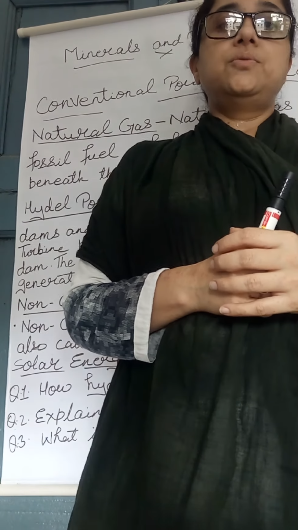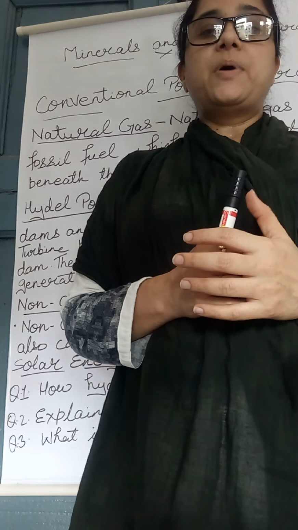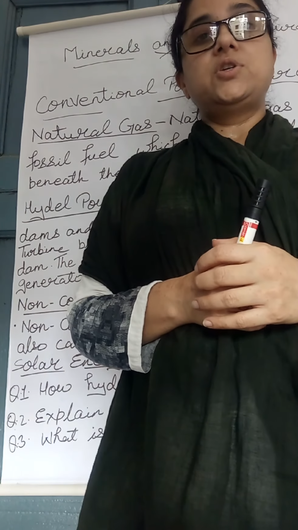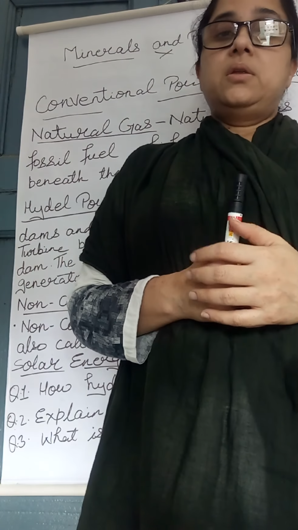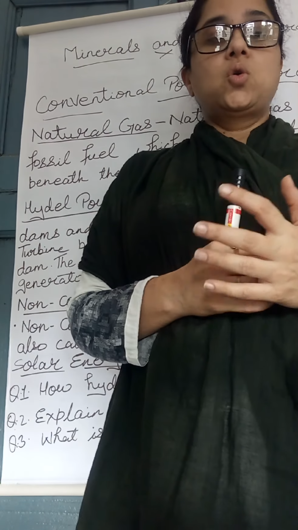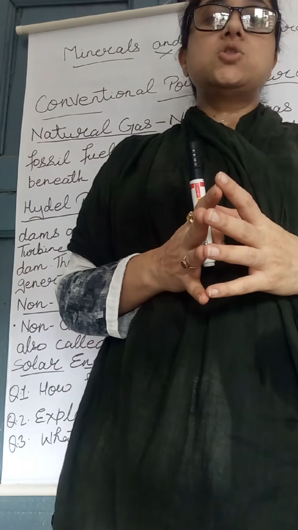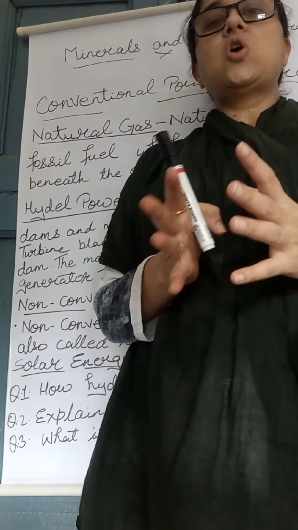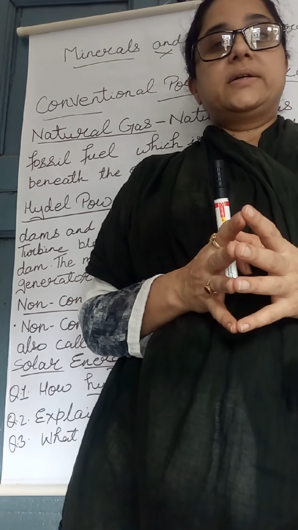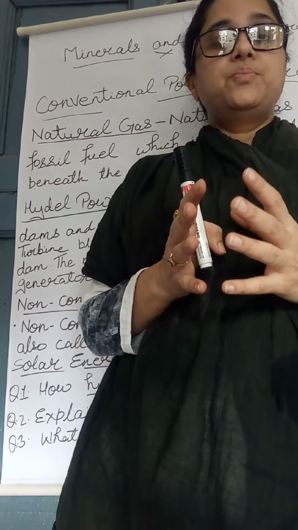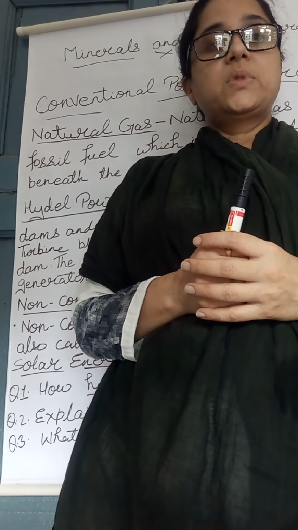In the previous video I explained conventional power resources, which include coal and petroleum. When I explained coal, I said it occurs between the layers of sedimentary rocks. It has four varieties: anthracite, bituminous, lignite and peat.